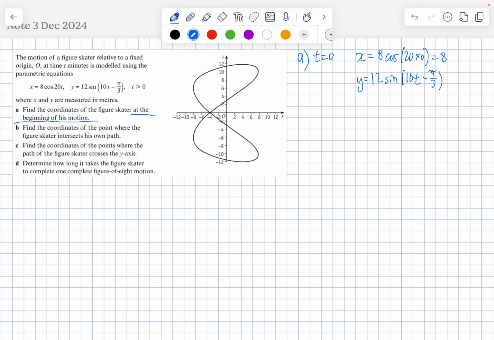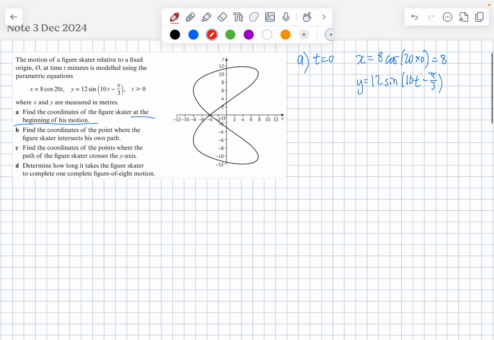Okay, but t is 0, so if we take that part out, it's 12 sine minus pi over 3, which is equal to minus 6 root 3. So our coordinates are 8, minus 6 root 3.